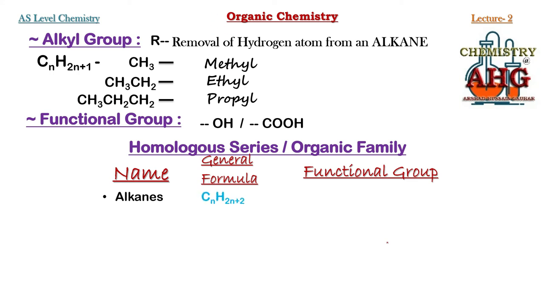As such, there is no functional group for alkanes, but remember one thing: alkanes are hydrocarbons. It means alkanes are made up of two elements only, carbon and hydrogen. This is one piece of information you must remember: alkanes are hydrocarbons.